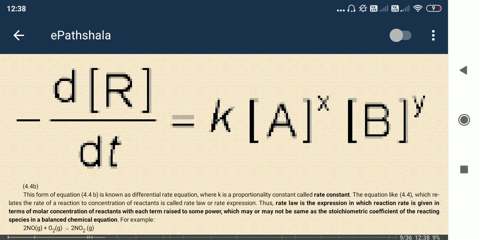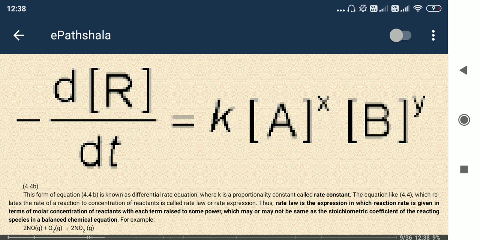Okay, so see this one, the reaction rate, the change of reactant concentration by dt, is written as k into A to the power x, B to the power y. What it means actually, the powers are written as x and y.